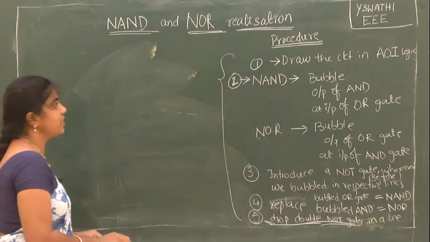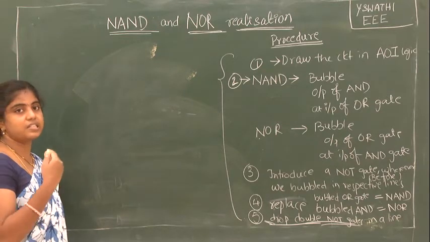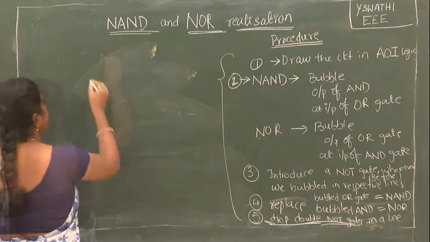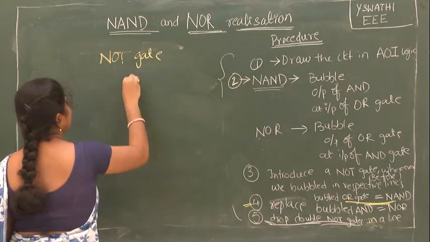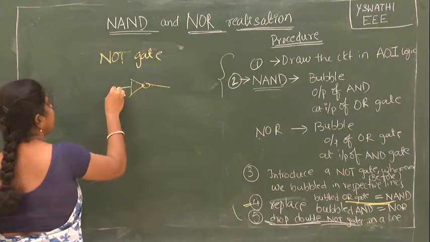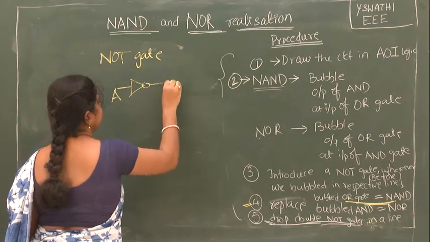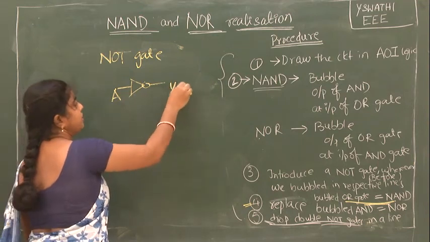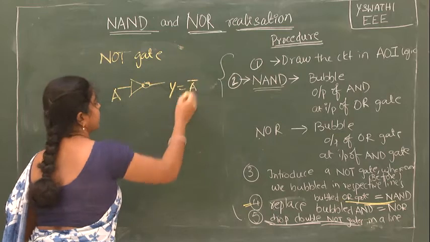We will first realize a simple basic gate. After that, we will go to the expression realization. See, NOT gate is nothing but a complement of any given term or expression. So if A is the input, at the output of the NOT gate you will get the complement of the input, that is A bar.